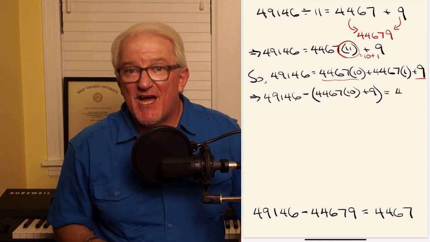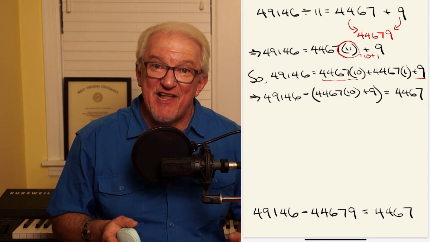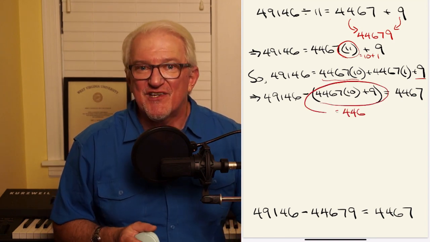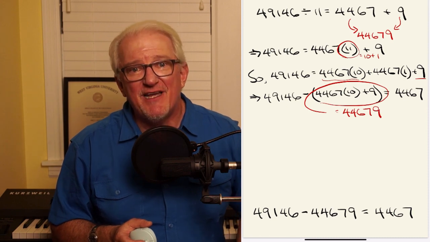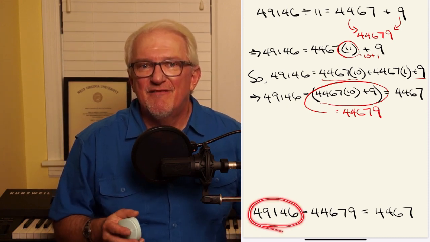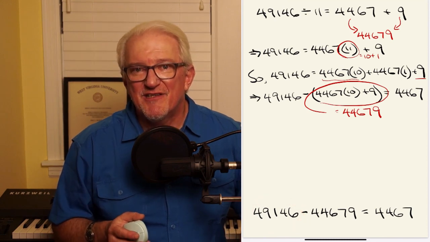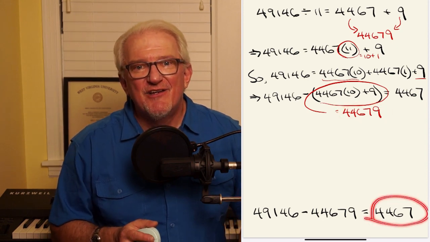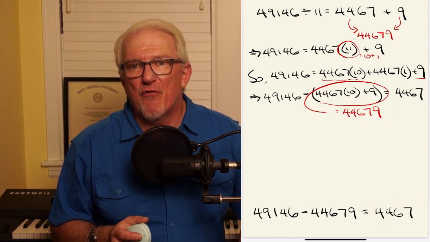Of course, 10 times 4467 plus 9 is just the concatenation of the quotient 4467 and the remainder 9. This explains why the original number, 49,146, minus the concatenated quotient and remainder, 44679, results in the quotient of 4467.